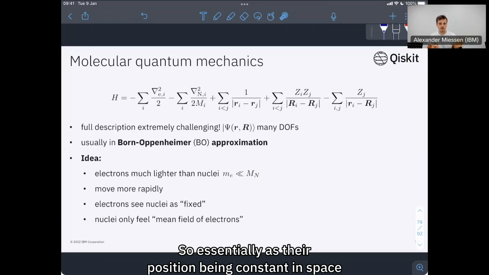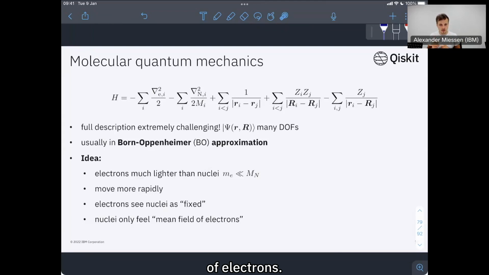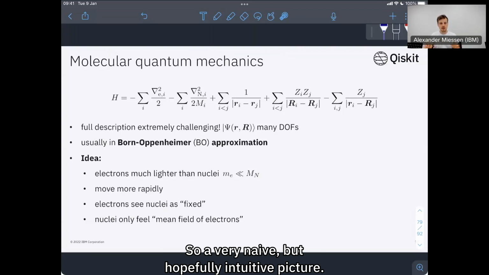Essentially as their position being constant in space, and vice versa, the nuclei will only see a smeared out field of electrons, so this mean field of electrons, because the electrons simply move so fast that from a nuclear point of view, you cannot distinguish the point anymore, but you only see this mean field of electrons, okay? So a very naive but hopefully intuitive picture.